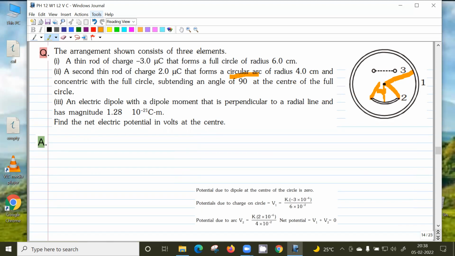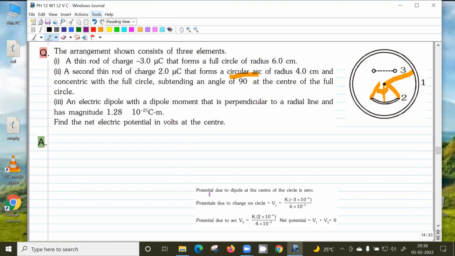The third one is a dipole, an electric dipole that is perpendicular to the radial line and has magnitude 1 point something. Here one is positive and one is negative. What is the net potential in volts at the center? So what is the potential at this center point?